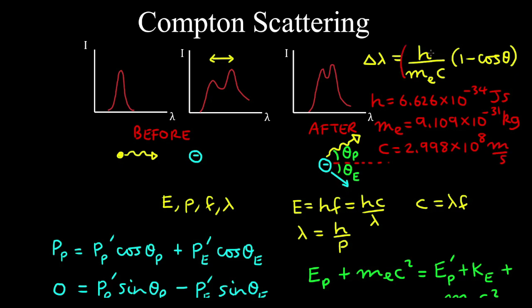And if you evaluate this expression, which we'll call the Compton wavelength, you get lambda c is 2.426 by 10 to the minus 12 meters.